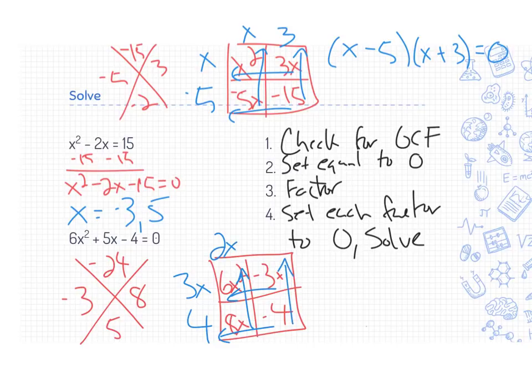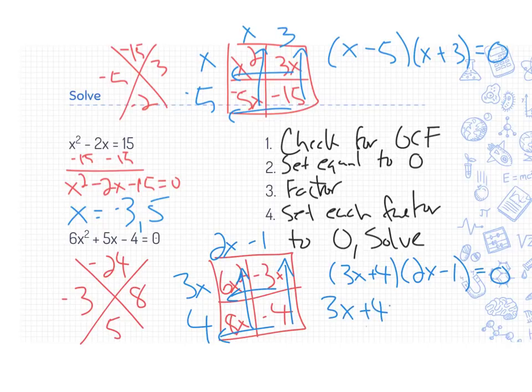And here we get a negative 1. So then we get 3x plus 4 and 2x minus 1. Remember, is set equal to 0. Which brings us to our last step, which is set each factor equal to 0. So 3x plus 4 equals 0, and 2x minus 1 equals 0.